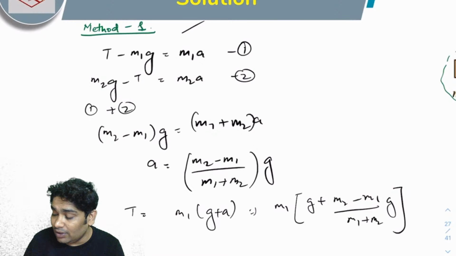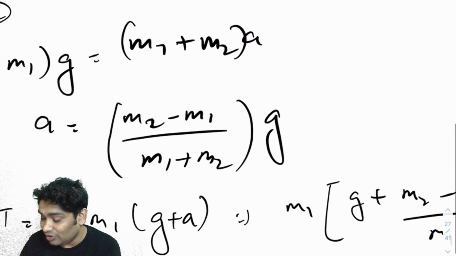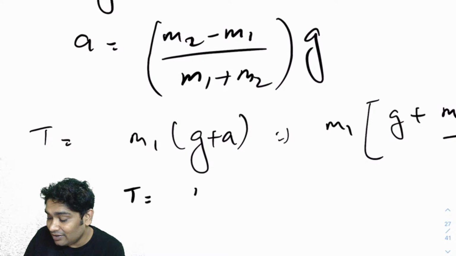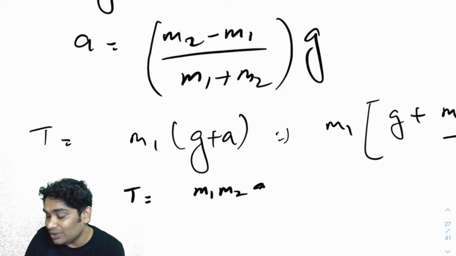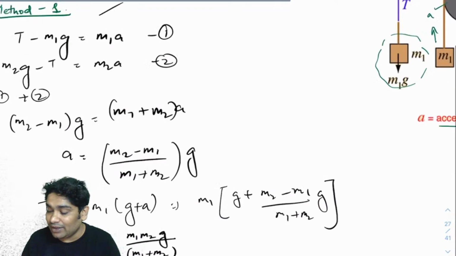So I can take this g common, and after solving, I will get T equals m1 m2 g over m1 plus m2. This is what I will get my answer as.